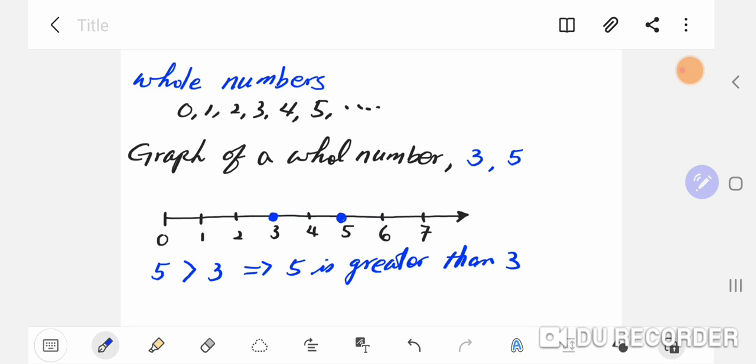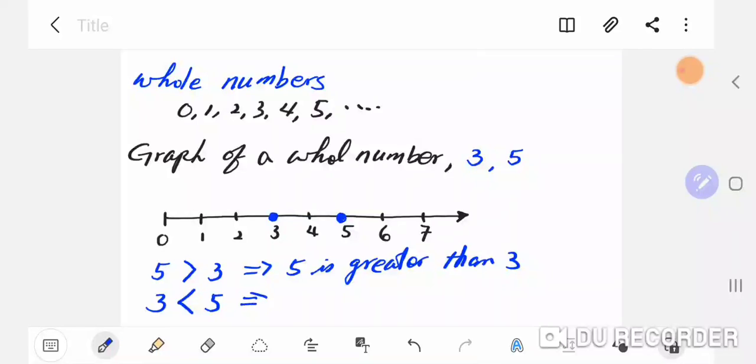How about the less than? Let's compare these two numbers, 3 and 5. 3 is left of number 5. So when a number is located on the left side compared to another number on the right, then that number is smaller. So 3 is smaller than 5, and we use this symbol.